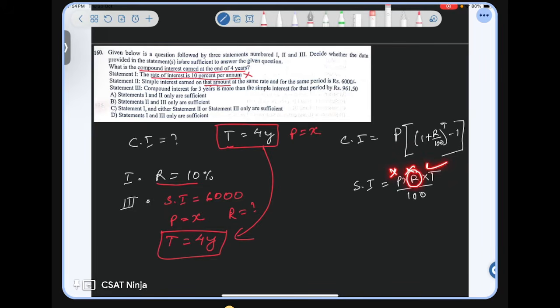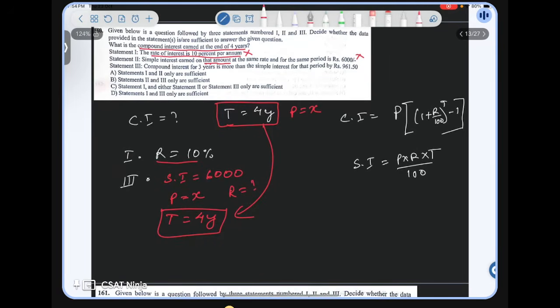Why I'm saying I don't know the rate of interest is because I'm not using statement number 1, because I'm checking statement number 2 alone. Are we able to answer that or not? So that's the reason why I'm not using statement number 1 there. So just by looking at this, I can say that using statement number 2, I won't be able to answer. Let's check for statement number 3 there. Statement number 3 says what?